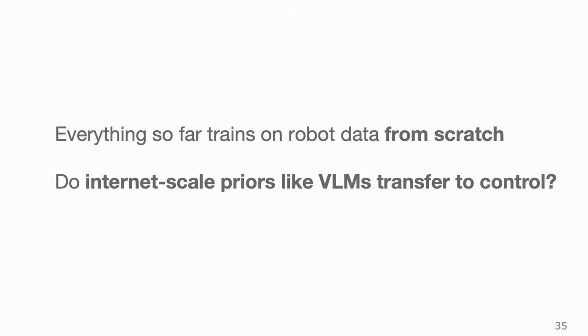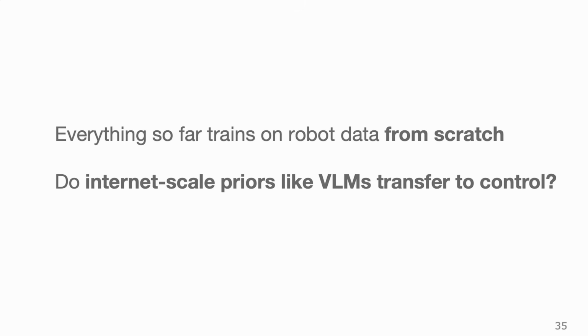Okay, so everything we have covered so far today has been pretty much focused on training generalist robot policies from scratch on robot data. But even, as I said before, even if at the time people thought, oh, this is a lot of data, like when we were doing Octo and so forth, the truth is that this OXE dataset is still minuscule compared to LLMs and VLMs that are trained on much, much more data, right?